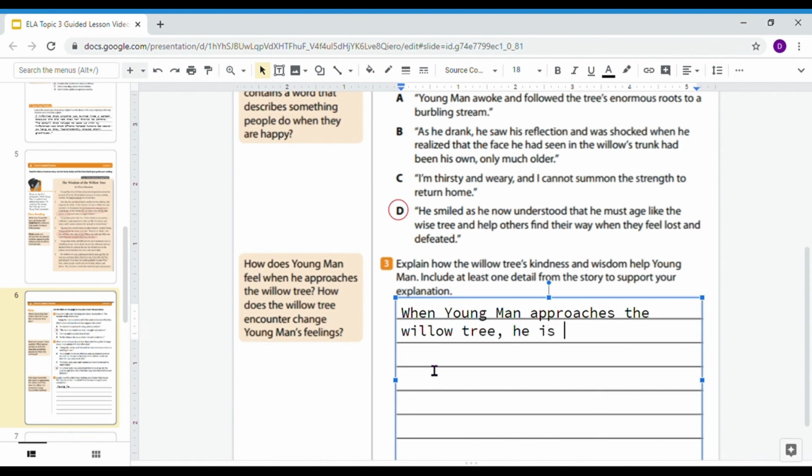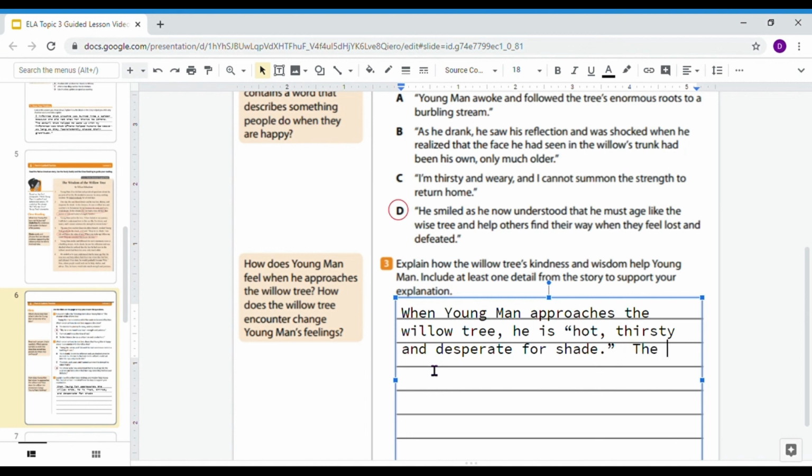he is, and I'm using a quote because this is going to be a direct quote from the passage, hot, thirsty, and desperate for shade. And that's a direct quote from our text.